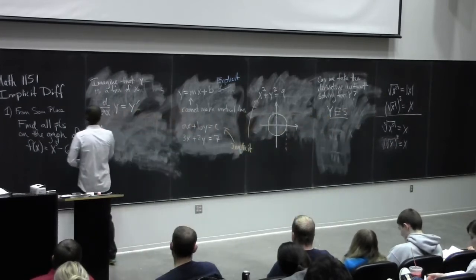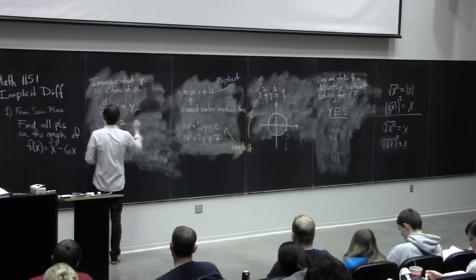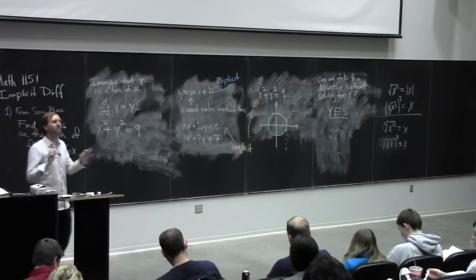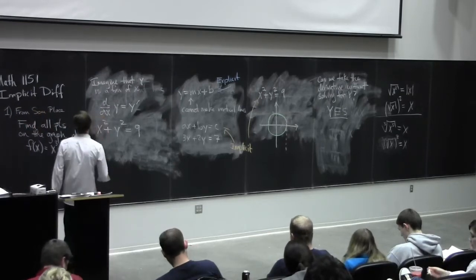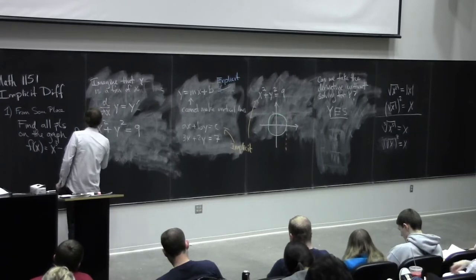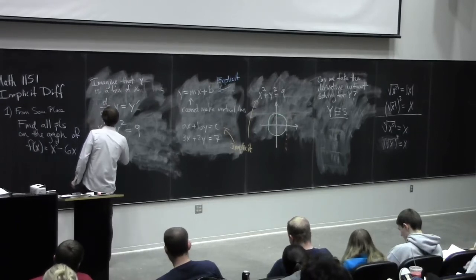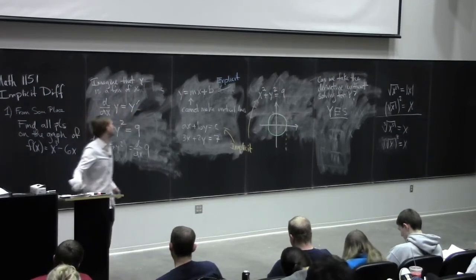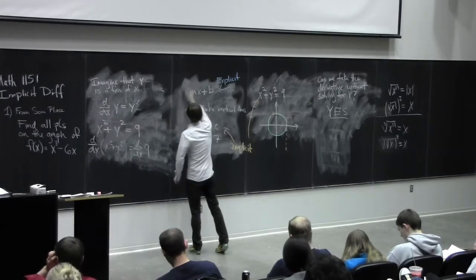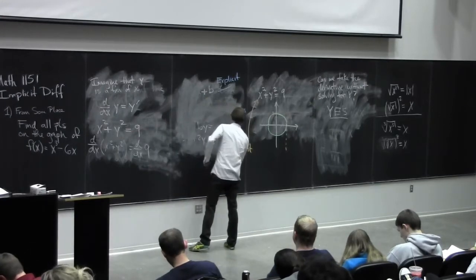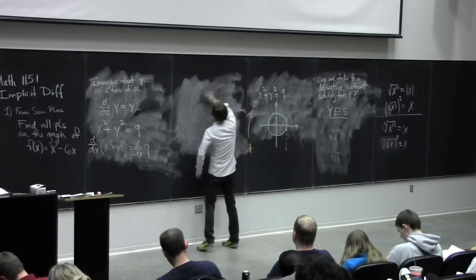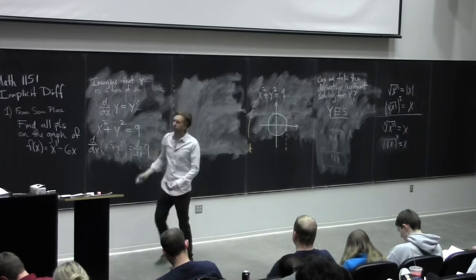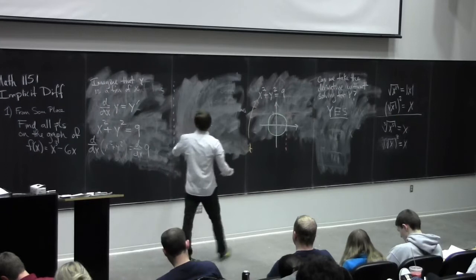Okay. Still pretty easy. Let's differentiate our example over here. What you do is you take the derivative of both sides. All right, so d over dx of x squared plus y squared equals d over dx of 9. Now, let's do the easy stuff first.